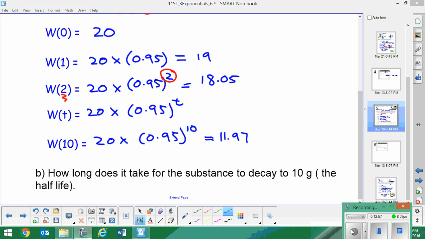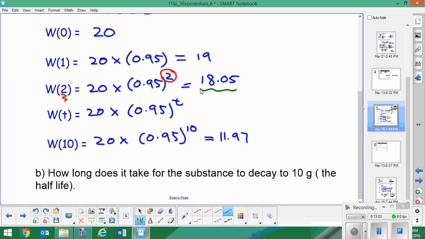So I'll put 19 from after 1 year, up to 2 years. It's now 18.05. That was our equation, our general one. Remember that t is greater than or equal to 0. We come out with our mass at time 10, 11.97 grams is what it's decayed to.